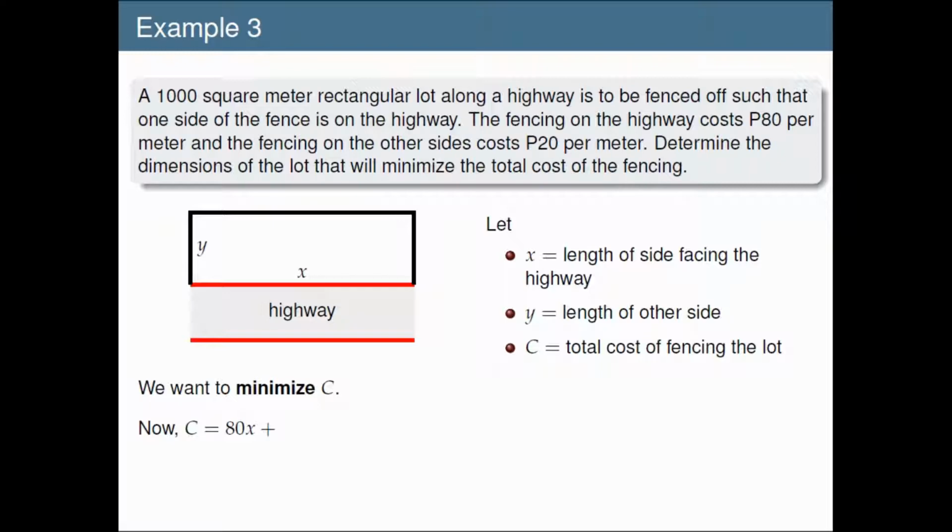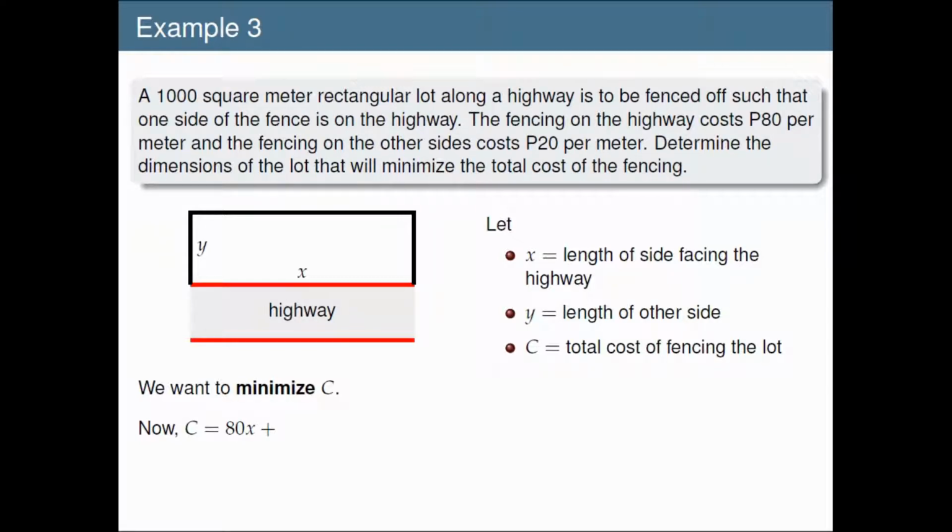Now, the cost of fencing for the sides, ito, at ito, 20 pesos per meter. But we have y meters for this side and y meters for this side. So, yung cost of fencing for these sides will be 20 times 2y.